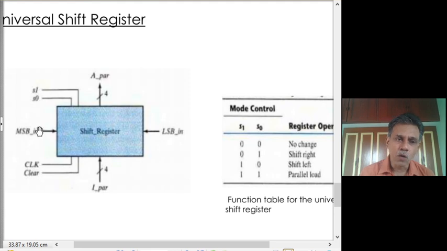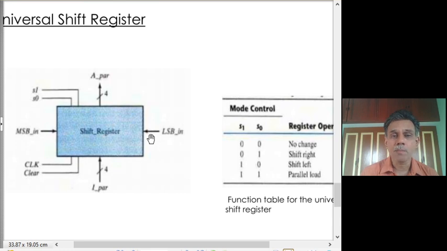So we are looking for a digital component or building block which is a universal shift register, built using a shift register as a component within it. The 2 control inputs S0 and S1 are given here to control the operation, and there is a bit that can be fed in as the serial input, either on the left side or on the right side.